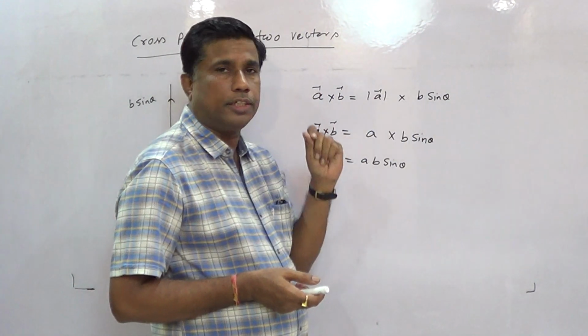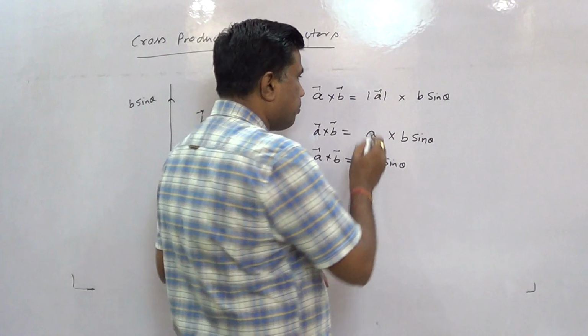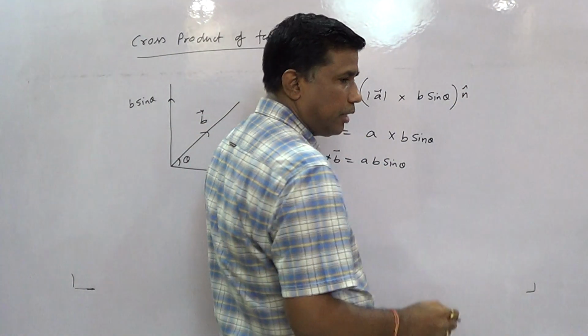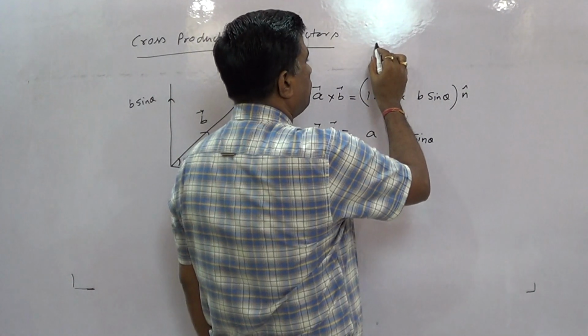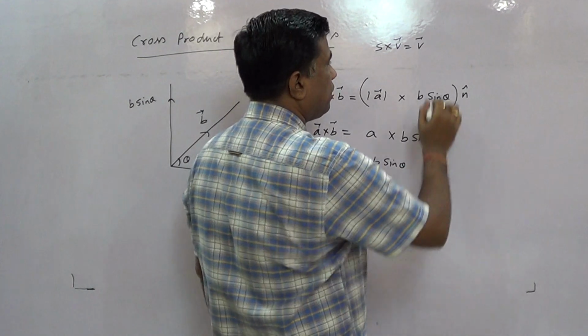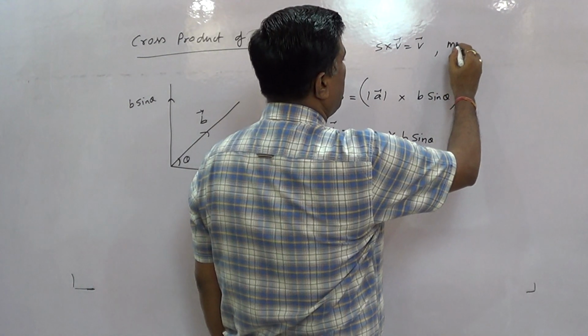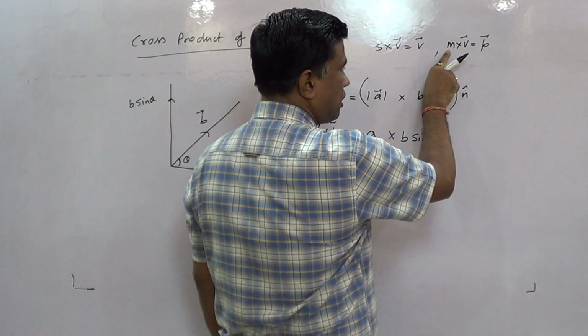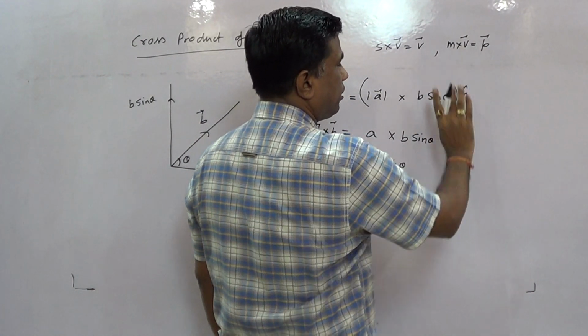To make it a vector, I will multiply it by a unit vector. Let this unit vector be n cap. Students, as I taught you, scalar into vector equals vector. For example, if we multiply mass into velocity, we will find momentum. So mass is scalar, velocity is vector, momentum is vector.